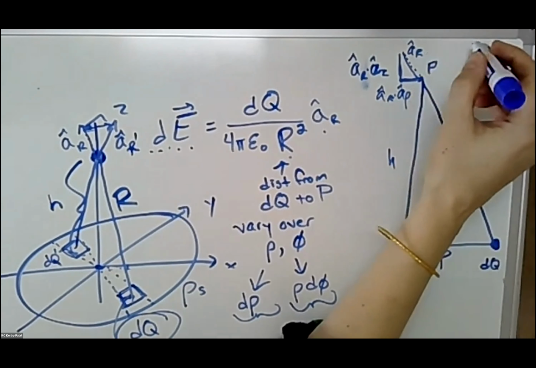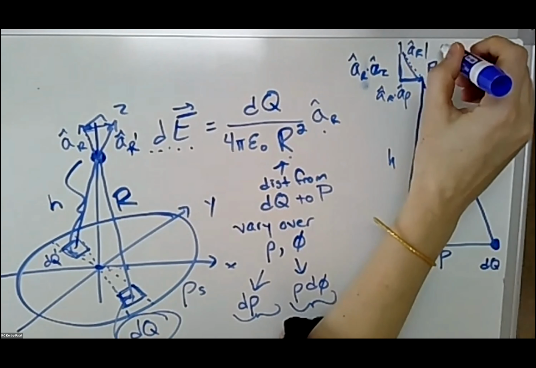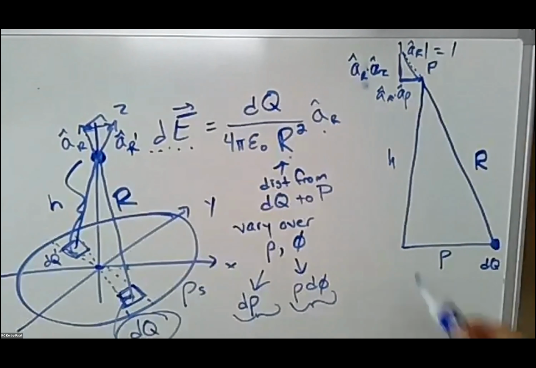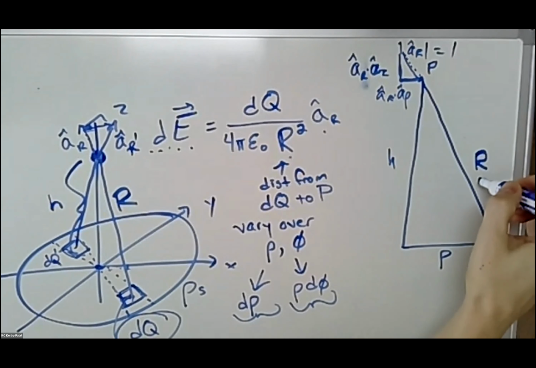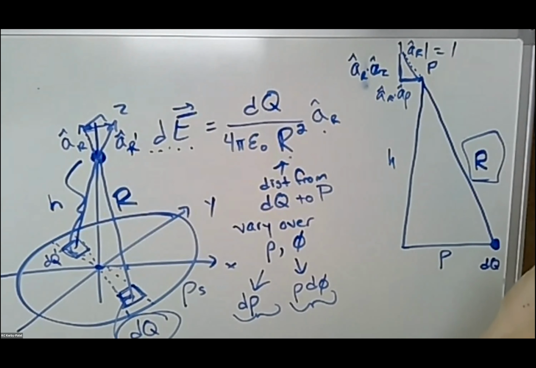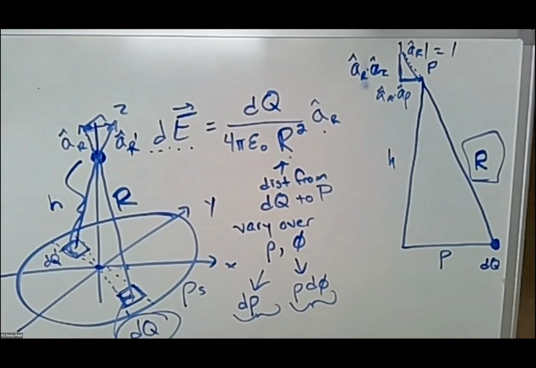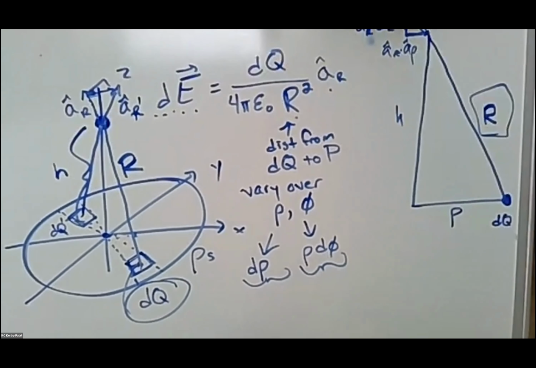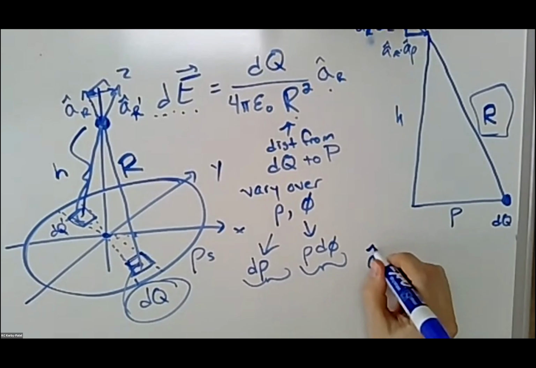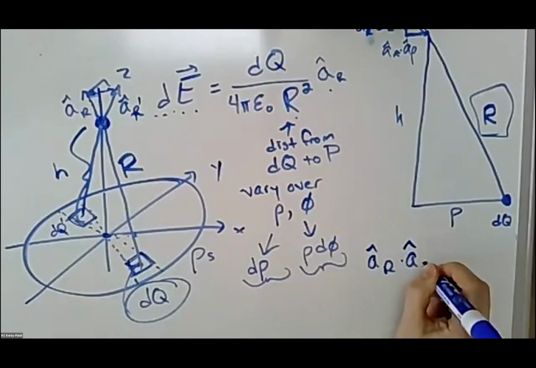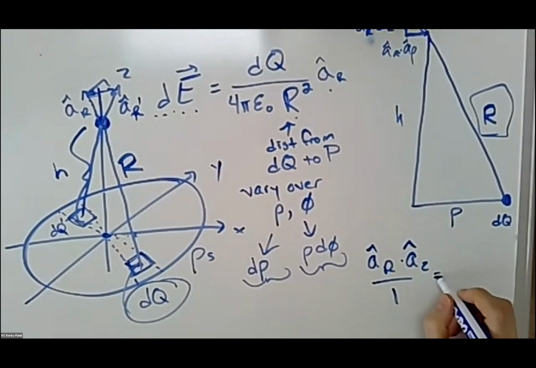The length of a hat r is 1 because it's a unit vector. So the length of a hat r dot a hat z is going to be the same ratio. I can write that, a hat r dot a hat z over 1 is equal to h over big R. What's the value of big R?